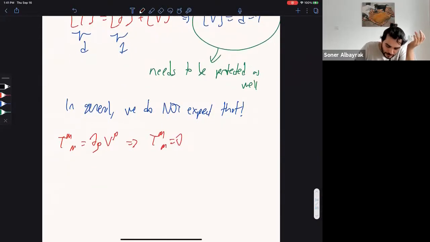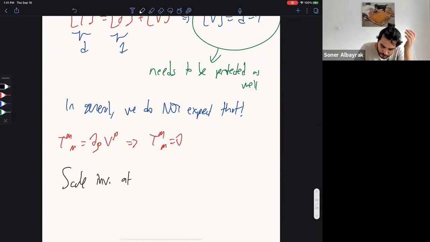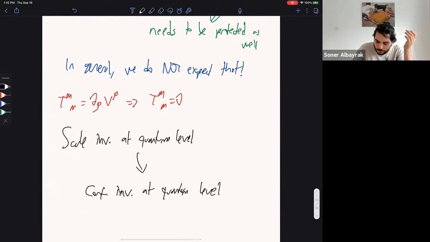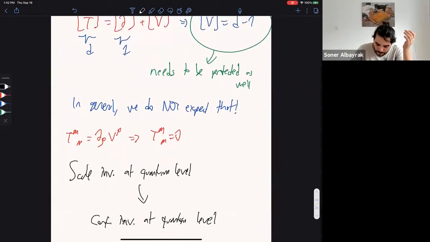So that means if we have scale invariance at the quantum level, then we expect conformal invariance at the quantum level, because of these arguments.